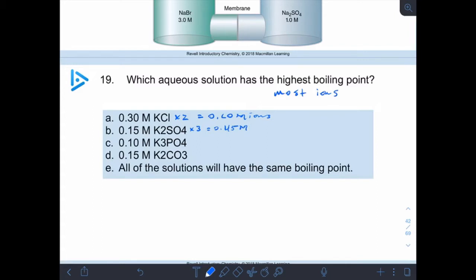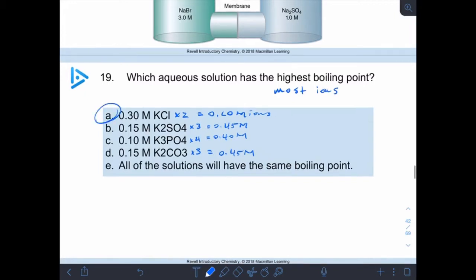Potassium phosphate, there's 3 potassiums and 1 phosphate, so that's times 4. Potassium carbonate, that's 2 potassiums and 1 carbonate, so there's 3 ions there, equals 0.45. So the most ions has the highest boiling point, and that is the potassium chloride solution.